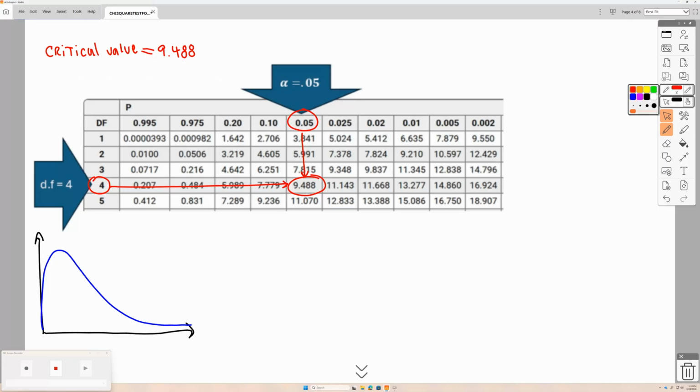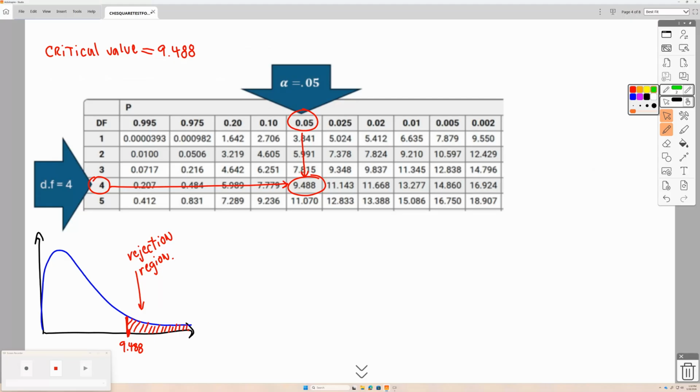The chi-square distribution is a family of curves that depends on the degrees of freedom, are skew right, and all the x values are positive. So we have a critical value of 9.488. That critical value divides the graph into two sections.